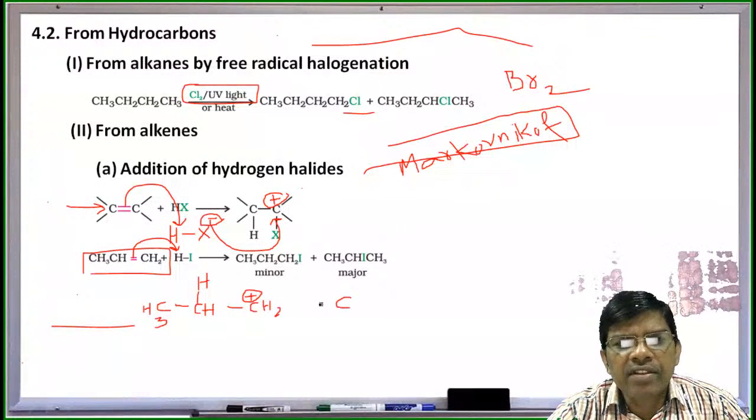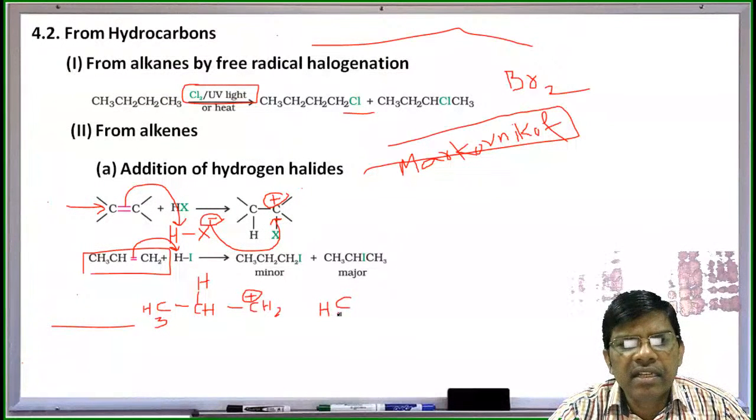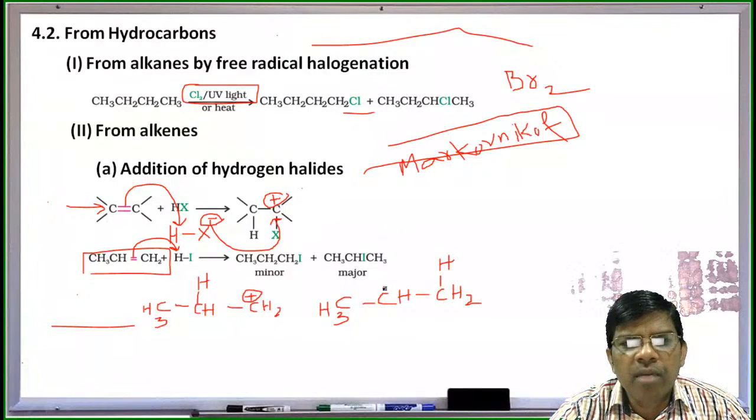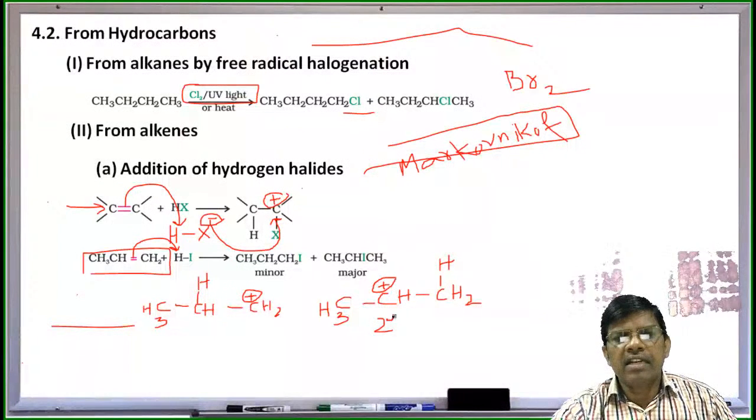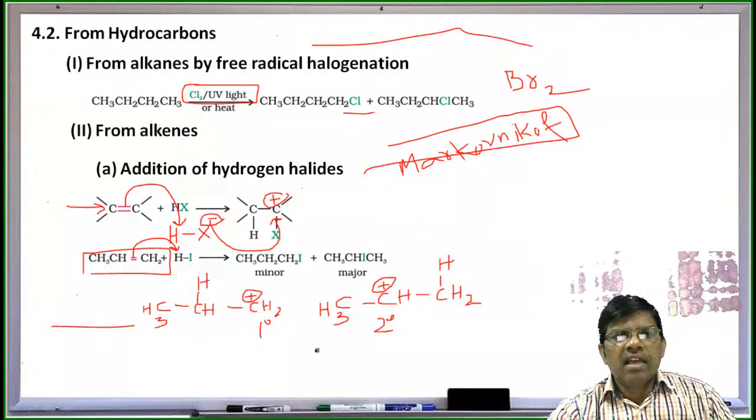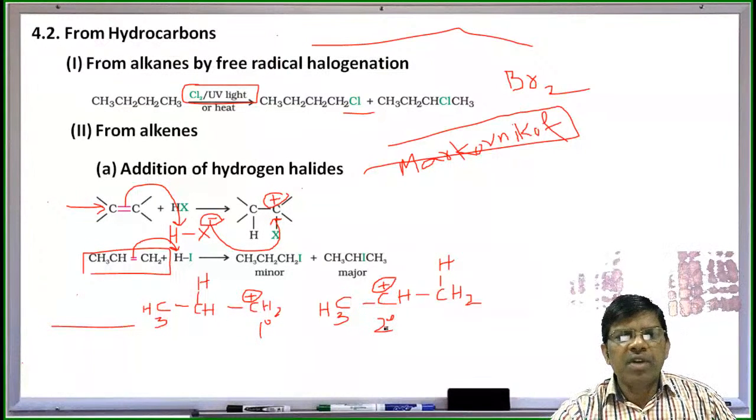If it adds to this CH, it is a secondary carbon, and CH2. Here if it adds to this carbon, the carbocation formed is a secondary carbocation. We know that this is secondary carbocation and this is primary carbocation. And which is more stable among these two carbocations?